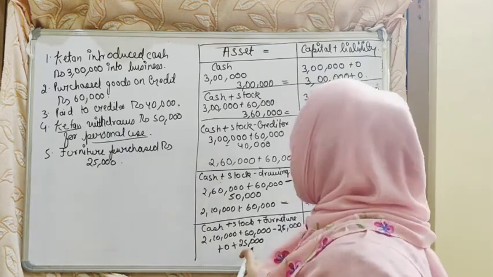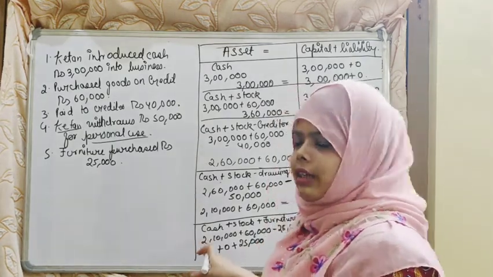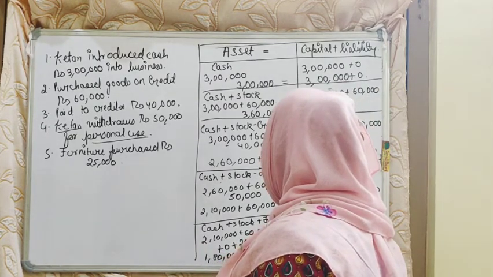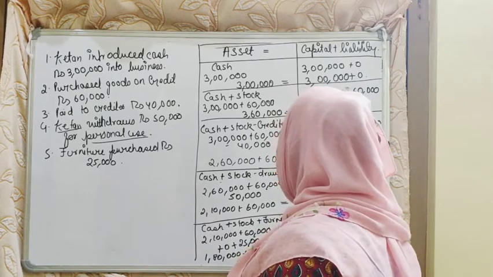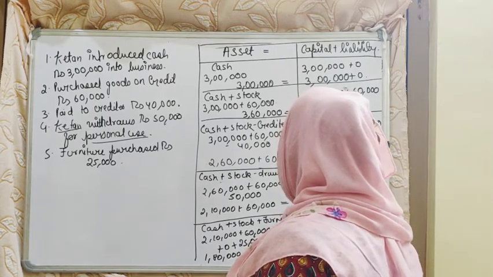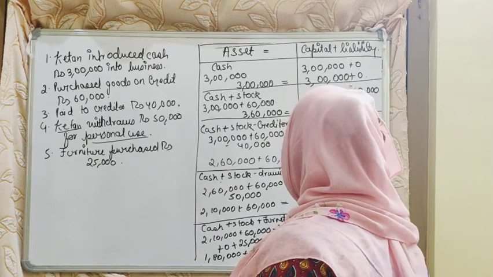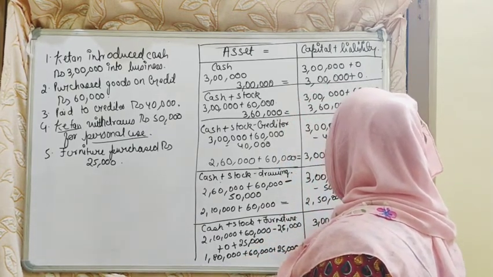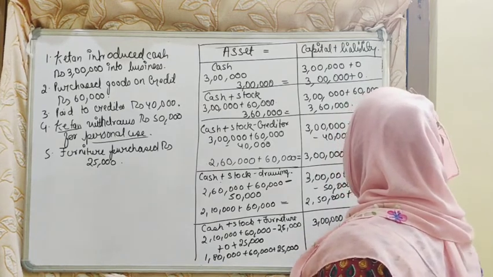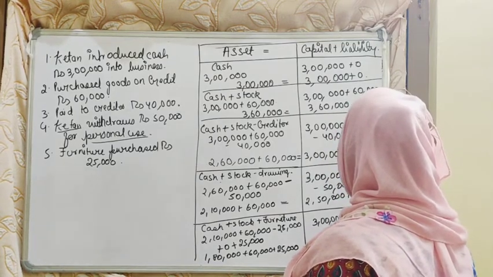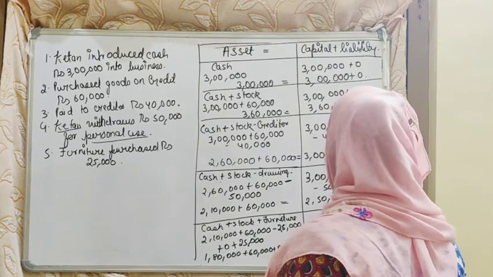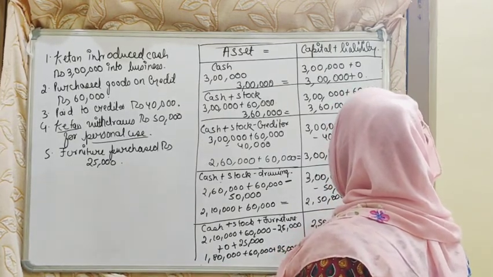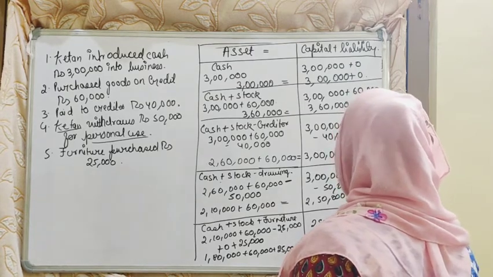So if we subtract 25,000 from 2,10,000, we get an amount of 1,80,000 plus 60,000 plus 25,000. Here the amount we get is 3 lakhs plus 20,000 minus, we get the amount of 2,50,000 plus 20,000.